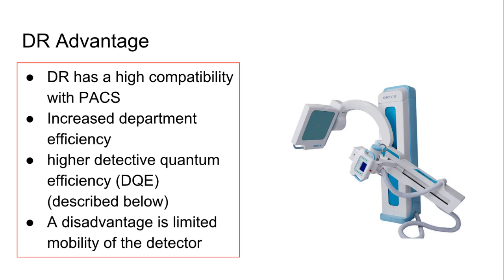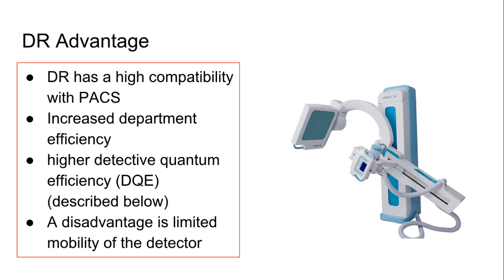Probably the greatest advantage is the fact that the DQE, or detector quantum efficiency, is better, and we'll talk about that a little bit more, but essentially it means that overall resolution will be better.